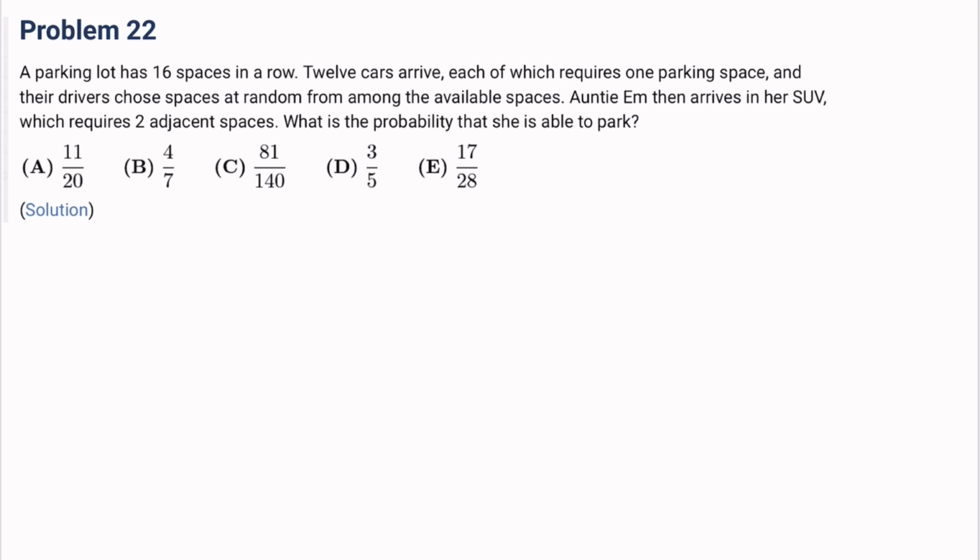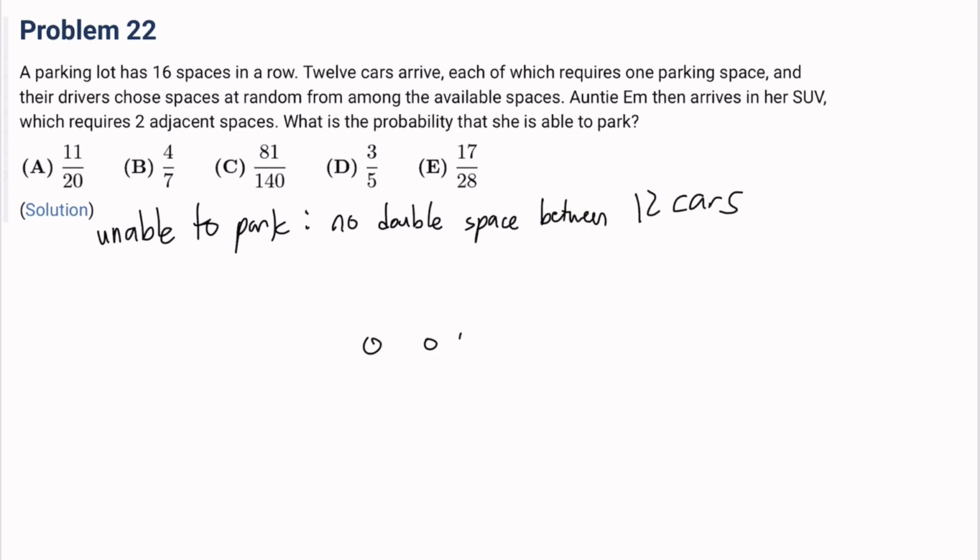First, let's get the probability that she is unable to park. That will be when there are no double spaces between all those 12 cars. Since we have 12 cars like that, we want to choose slots where the 4 vacant spaces will go. So we have 13 slots, and we will choose 4 of them.